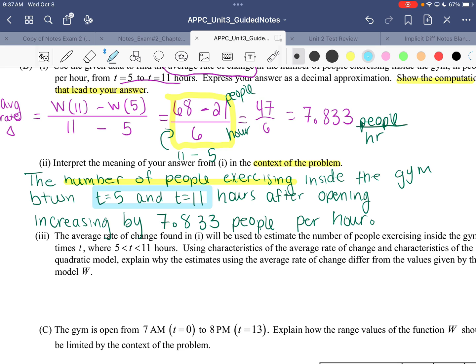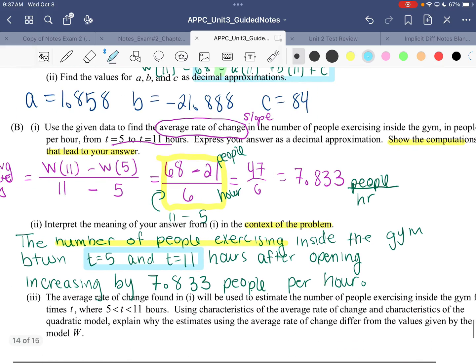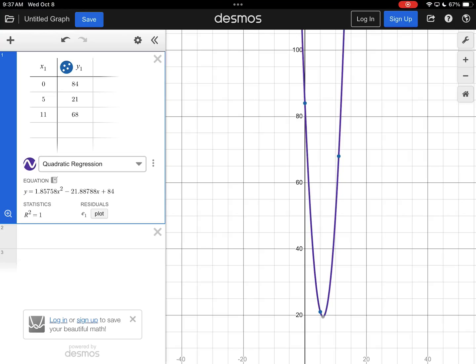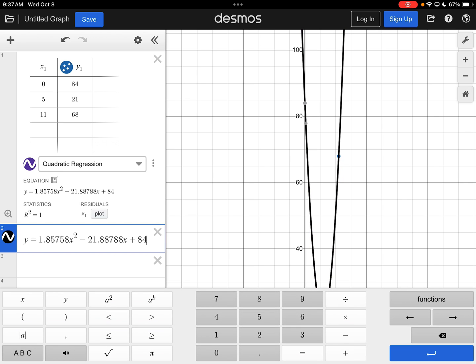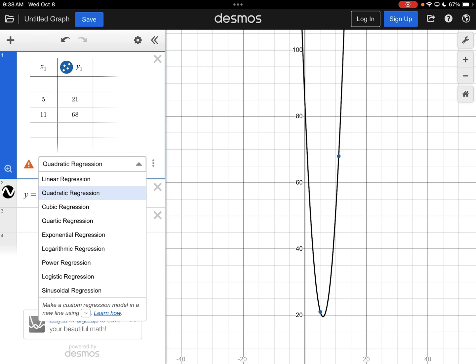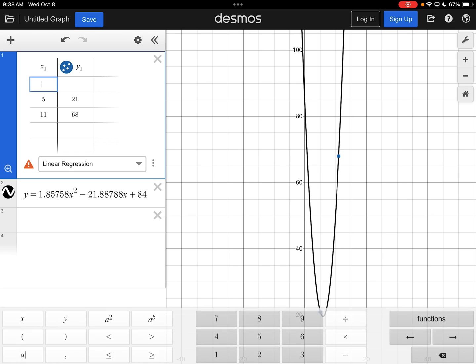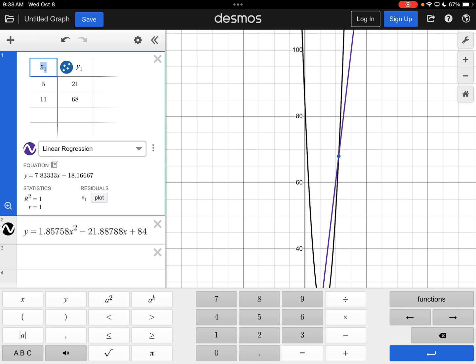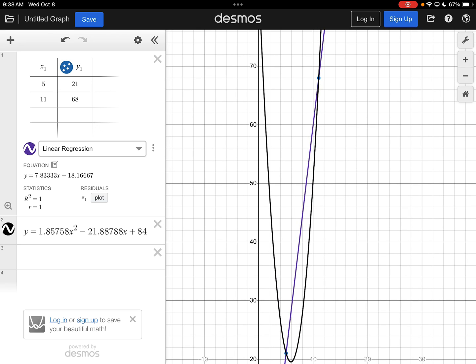Because we're doing the slope, we're taking this graph of this equation, and then only finding, if I delete this and do a linear regression, the equation of this line.